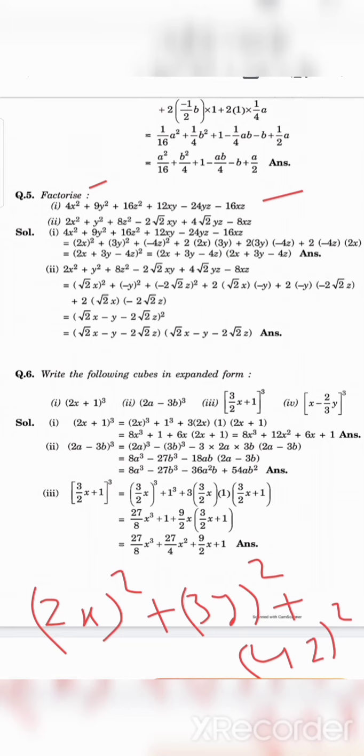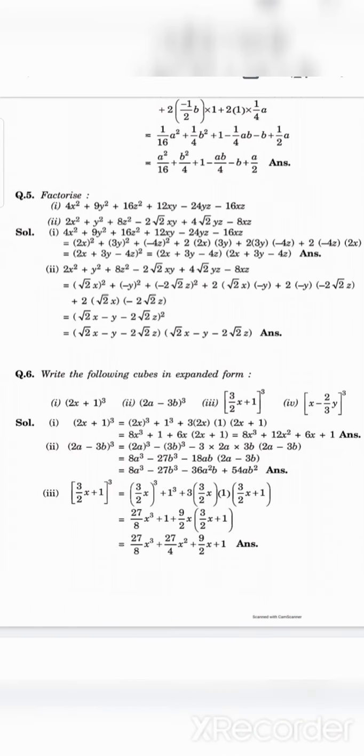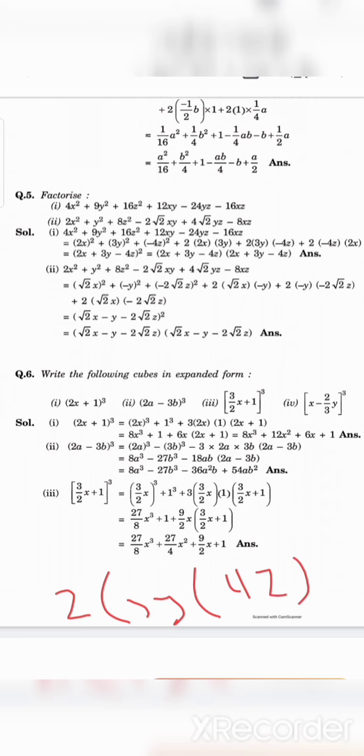Next is 12xy, and it is positive, so we write plus 2 into first term 2x and second term 3y. Then the next term is minus 24yz, meaning 2 into y as 3y and z as 4z. Here we want negative, but in the first term we don't want negative, we want positive, so we substitute minus 4z.